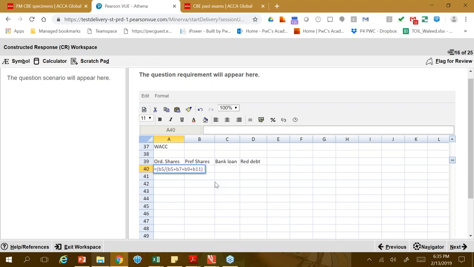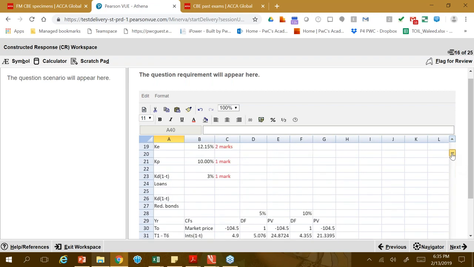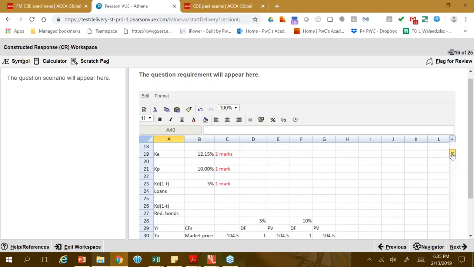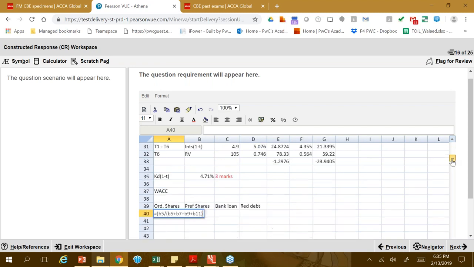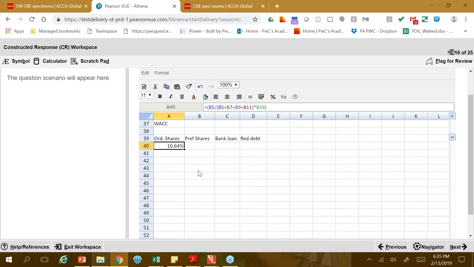So I've got all my values in now, and I will multiply these values with the cost of equity that I have, which is in B19. This will give me the cost of using the ordinary share capital, which is 10.64.